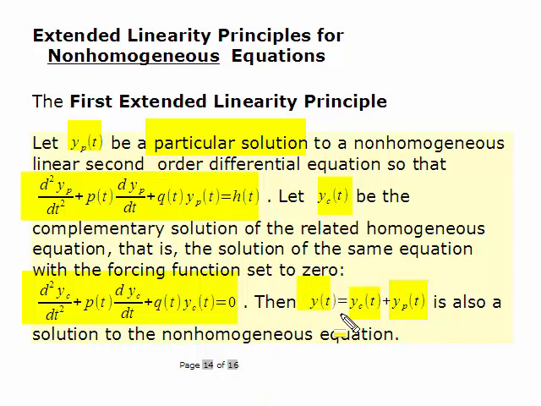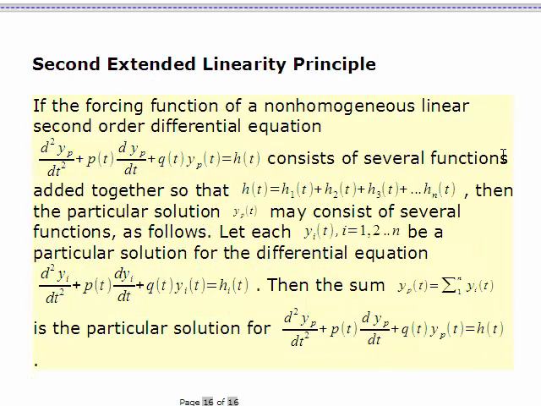The reason for that is when you put this through the differential equation, all the derivatives and the functions of the complementary equal 0. Y of p equals h of t. 0 plus h of t is equal to h of t, the forcing function. So this is the same principle as before. And again, we have the second extended linearity principle.